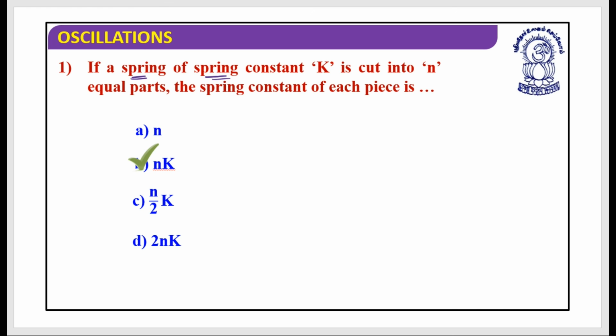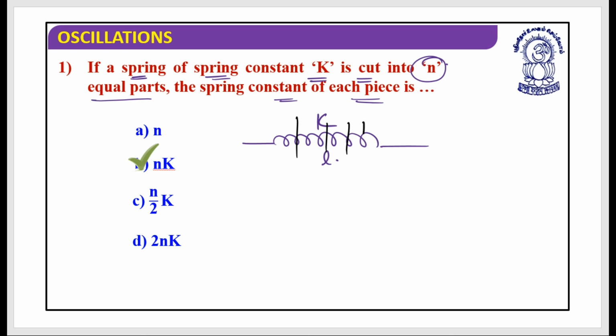If a spring of spring constant k is cut into n equal parts, then what is the spring constant of each piece? Let's understand this. Let's say this is k and this is the length L. This segment has been divided into equal parts, and I take one of the pieces, so this is k dash and this length will be L by n.